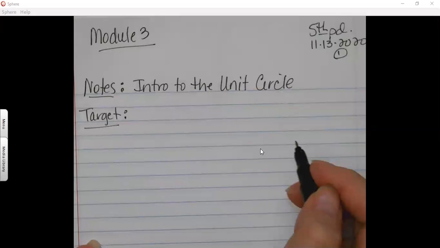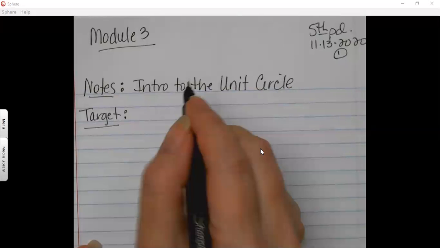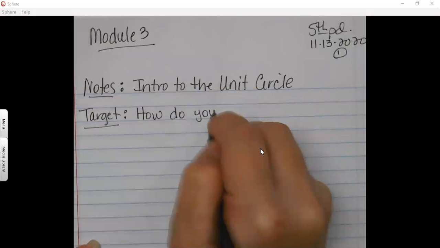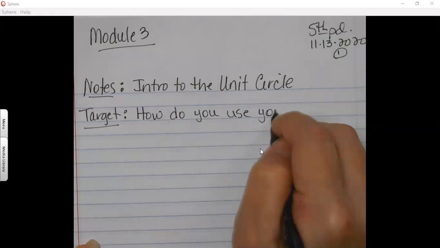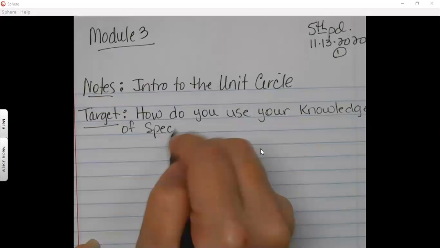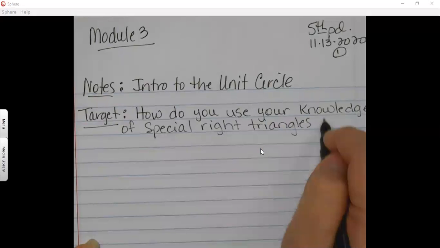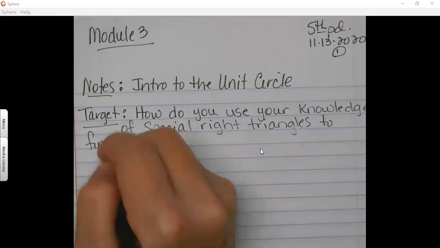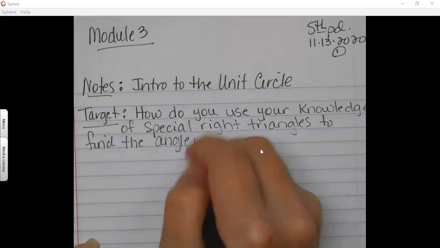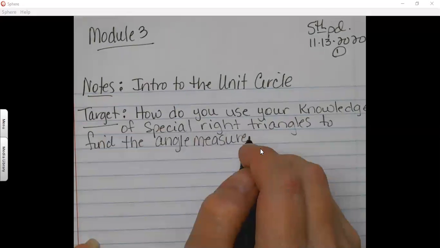All right, target. How do you use your knowledge of special right triangles to find the angle measure in the unit circle?